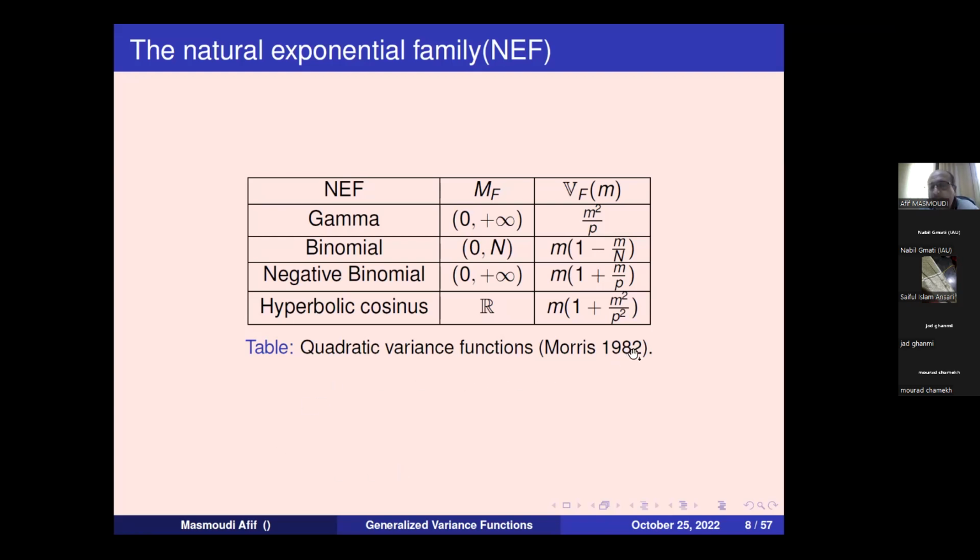Morris in 1982 characterized the quadratic natural exponential families. He showed that there exist 6 natural exponential families with a quadratic variance function, that is, the variance is a polynomial of degree less than or equal to 2.